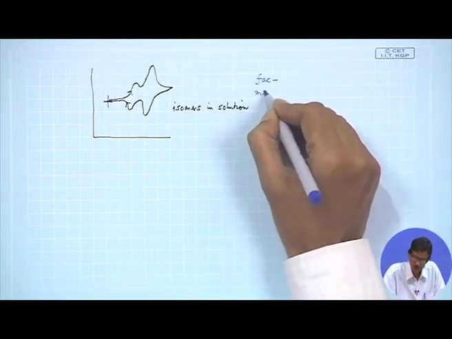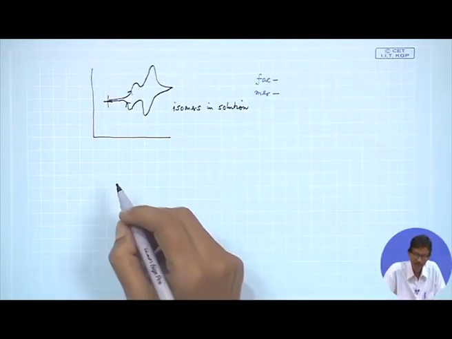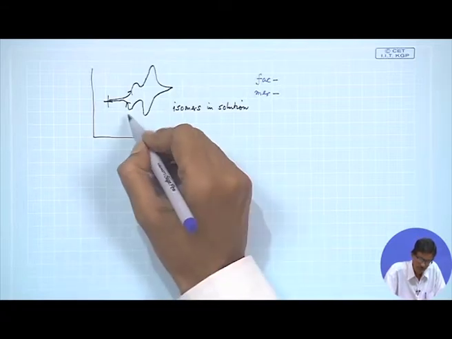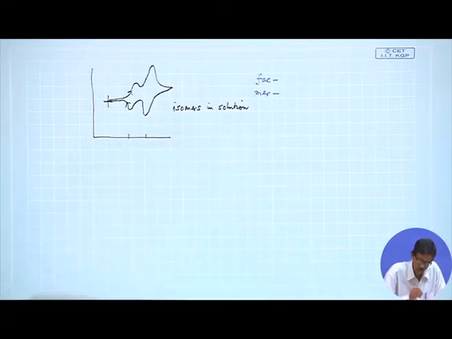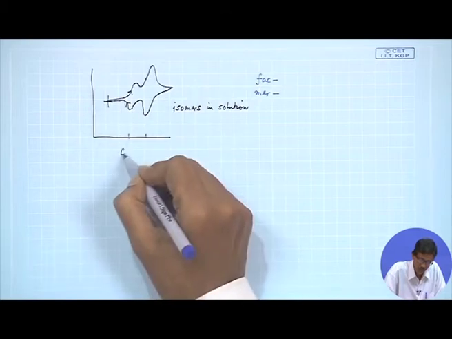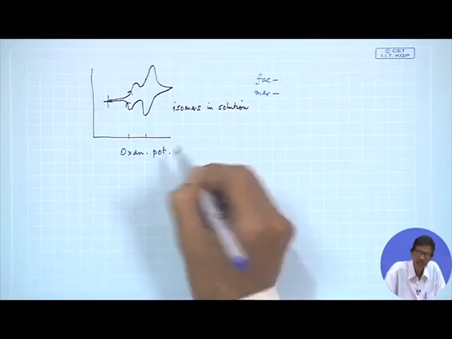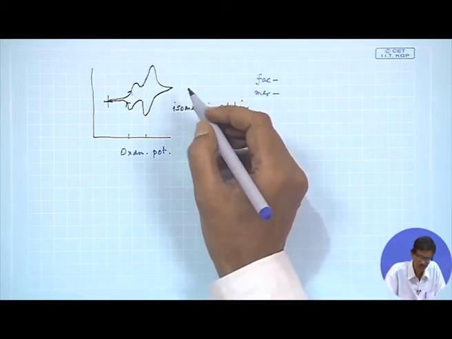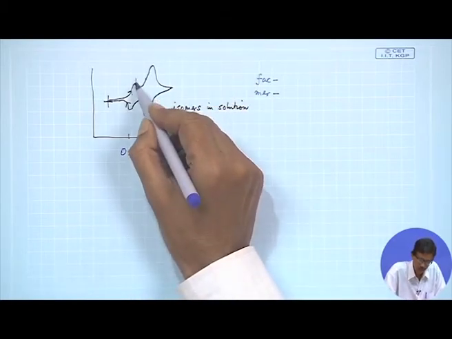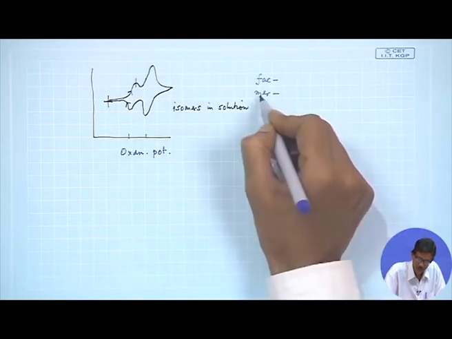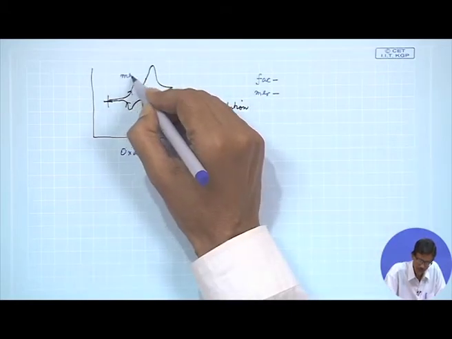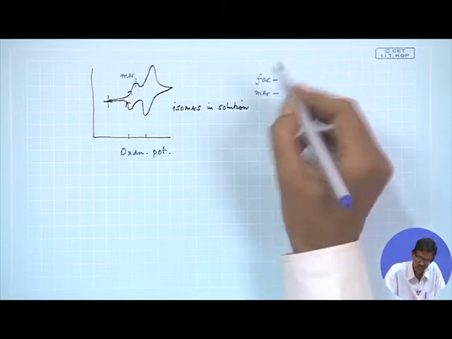We all know the facial and the meridional isomers. With respect to the corresponding potentials for oxidation, the first isomer is oxidizing here. The mer isomer is oxidizing fast.